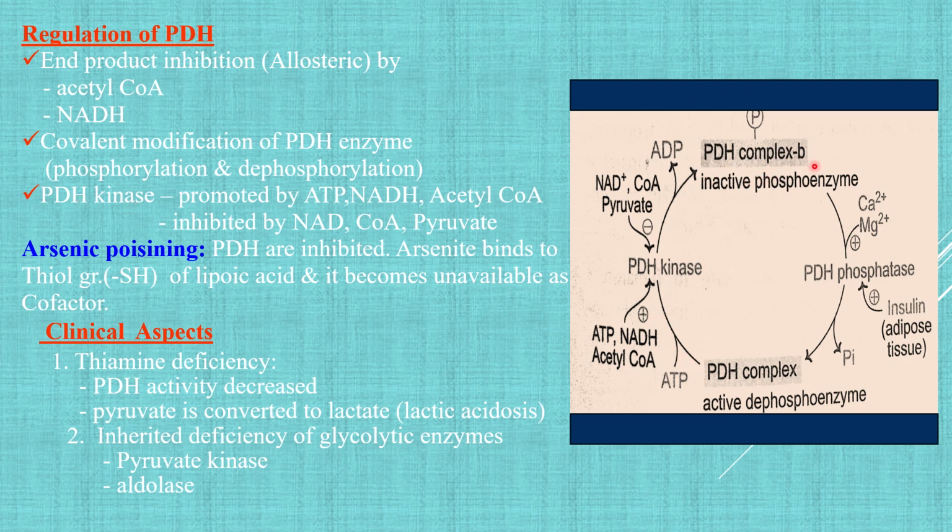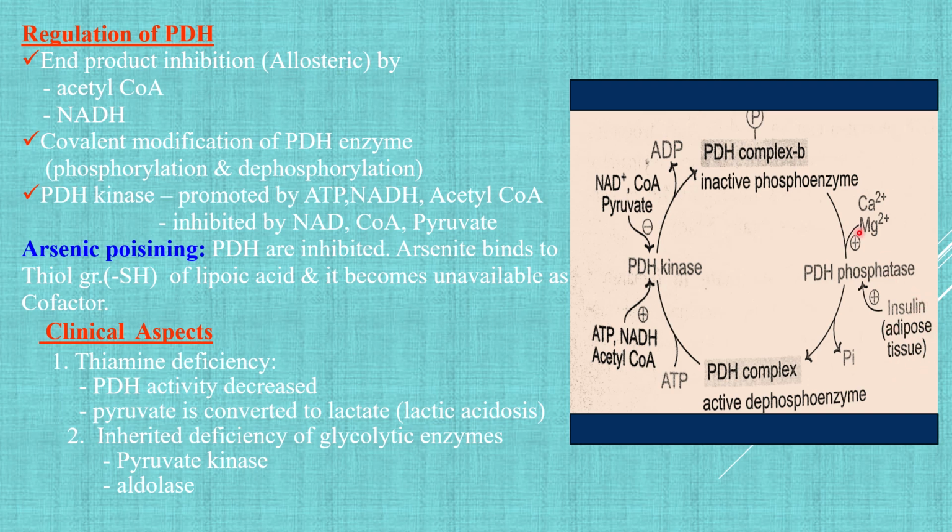So PDH complex B is an inactive phosphoenzyme, which means in the phosphorylated form, this PDH complex is inactive. In the presence of the PDH phosphatase enzyme, it converts into the PDH complex, which is the active dephosphorylated form. And this particular enzyme is stimulated by calcium and magnesium ions.